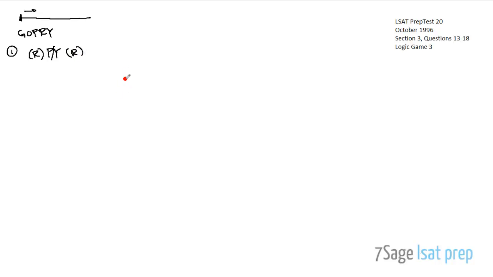What's important to notice here is that they don't tell you that if these two are next to each other, there must always be red beads around them. They're saying that any beads around them must be red. In other words, they must be surrounded by red beads, if there are any.